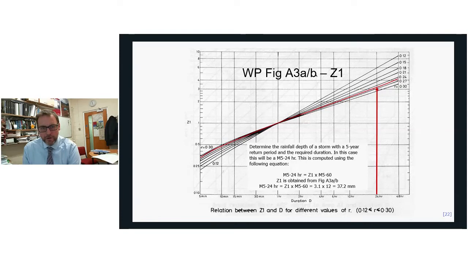We know our R value because we got that in the previous step, and then based on that we get our Z1 value. So the M5 24-hour equals Z1 times M5 60, so that's equal to 3.1 times 12, which is 37.2.